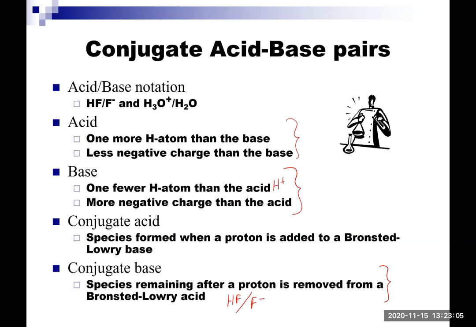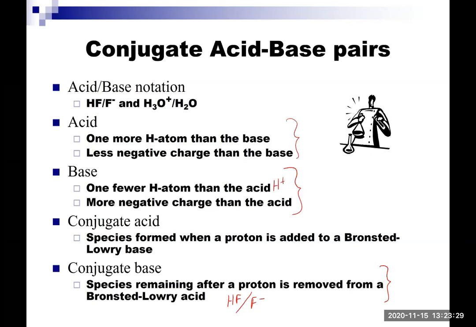So let's look at H3O plus and H2O. H3O plus has one more hydrogen atom than the base and less negative charge than the base. H2O is neutral. H3O plus has a +1 charge, so that means it has less negative charge compared to the base.